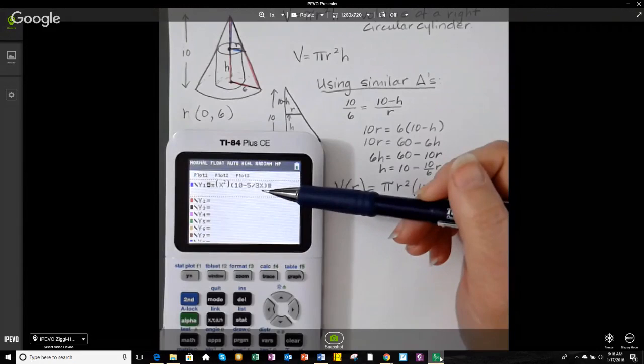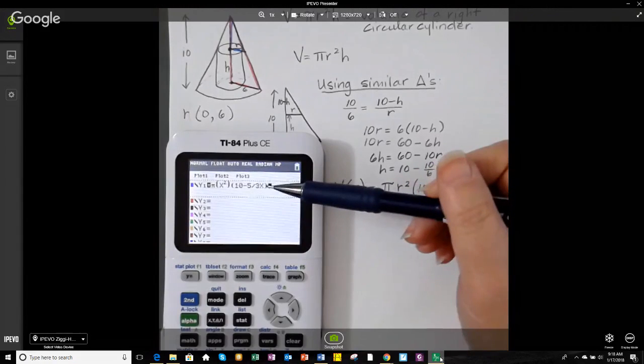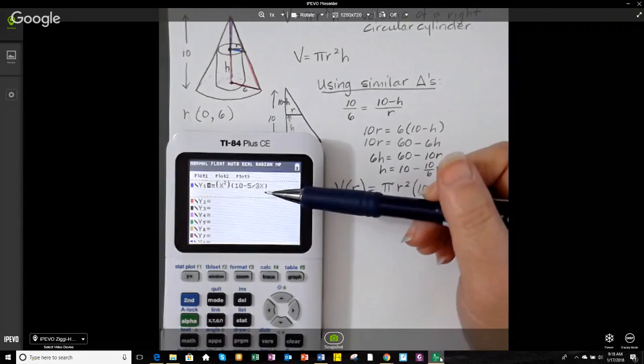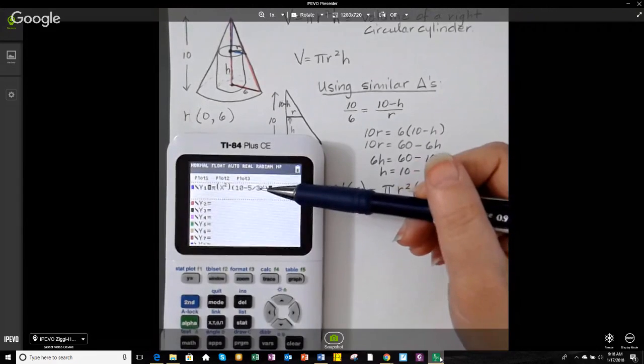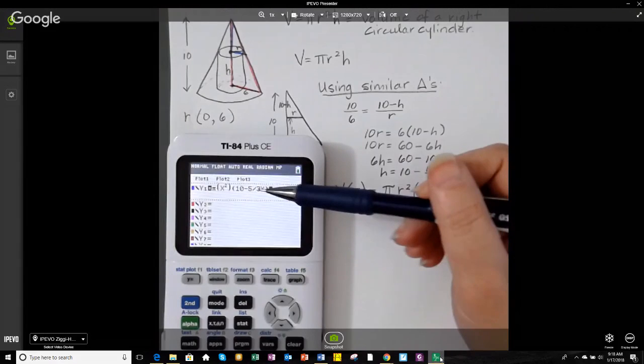Well, the good news is the calculator is going to work this problem using PEMDAS, and PEMDAS says parentheses, exponents, multiplication, and then division. So this calculator is going to go 5 divided by 3 times x. Now, if this denominator was in parentheses, then it would be 5 over the entire 3x. But you don't need parentheses here.